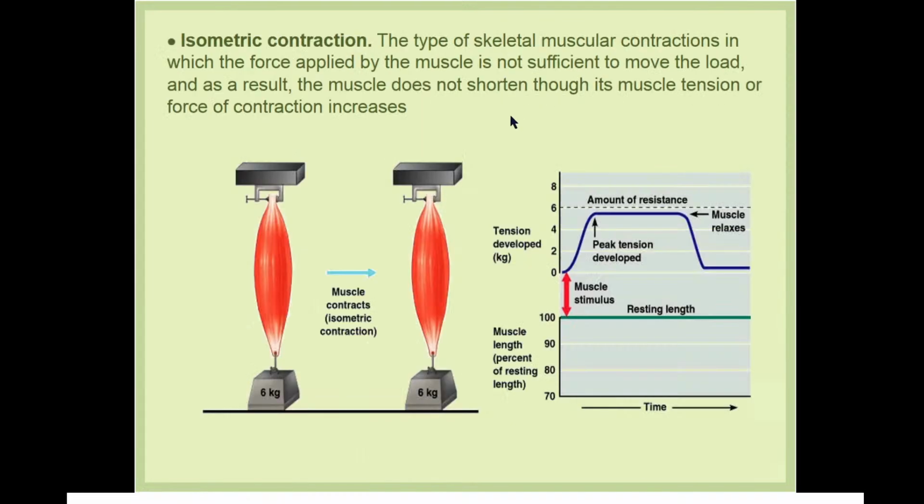And look, isometric contraction is the type of skeletal muscular contraction in which the force applied by the muscle is not sufficient to move the load, and as a result the muscle doesn't shorten, though its muscle tension or force of contraction increases. This is just the illustration of this. Isometric contraction.